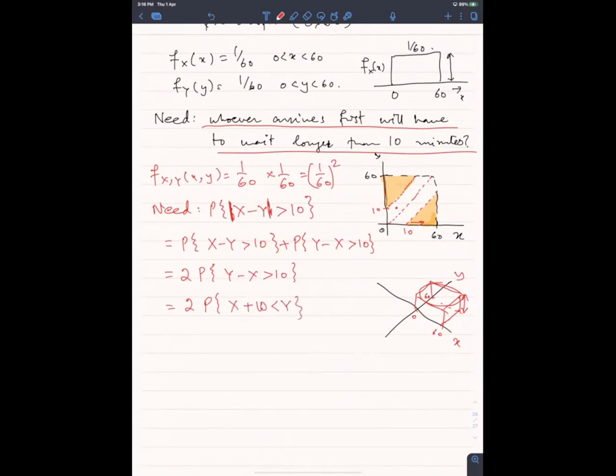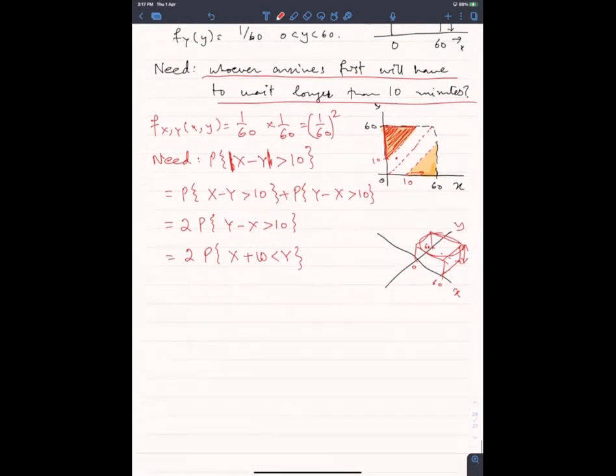Which is the region here? ये x plus 10 is less than y है इस region के ऊपर, ये जो मैंने अब red कर दिया. Okay? See, this line is y is equal to x plus 10. So जब भी इसके ये लेफ्ट वाली साइड पे होंगे तो x plus 10 would be less than y.